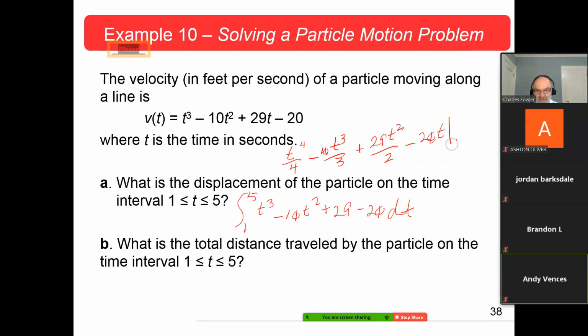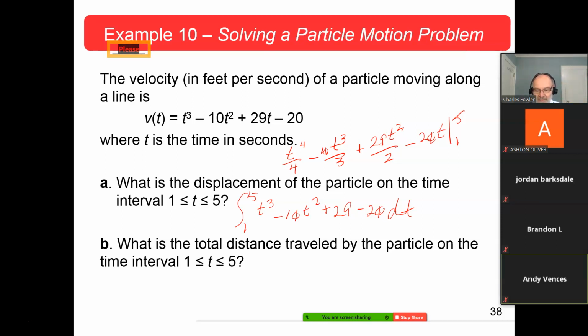And that's evaluated from 1 to 5. Pull out the calculators, folks. I don't think I want to do that one in my head, but I've got to watch those signs. The good news is your interval there is positive, which is good.